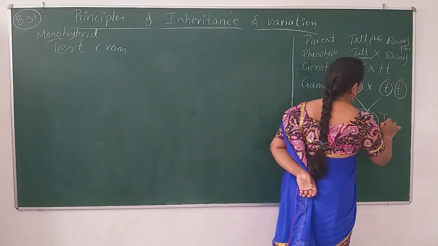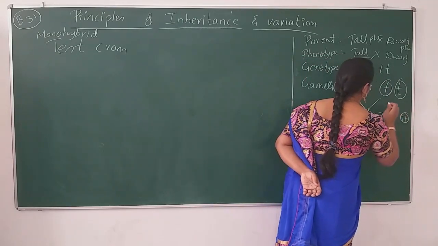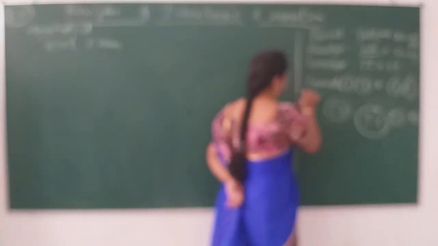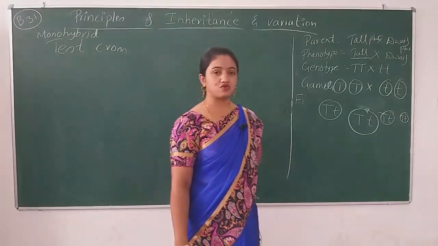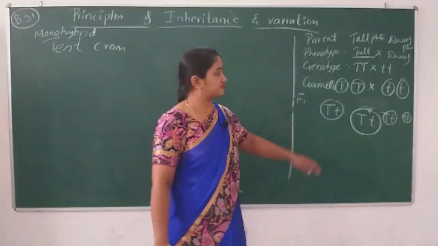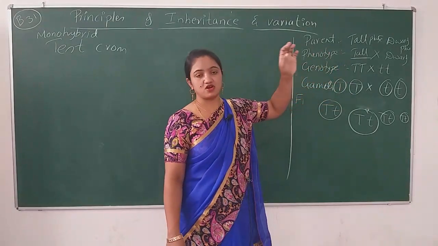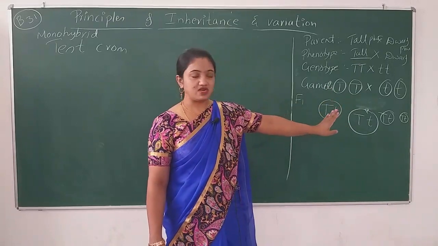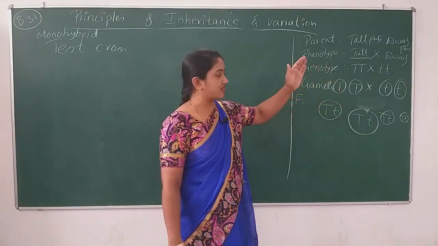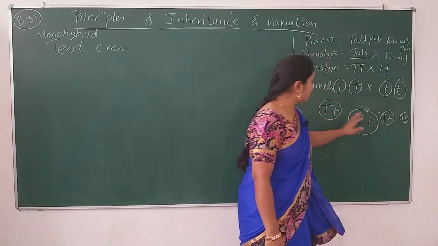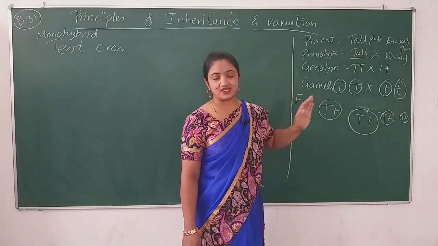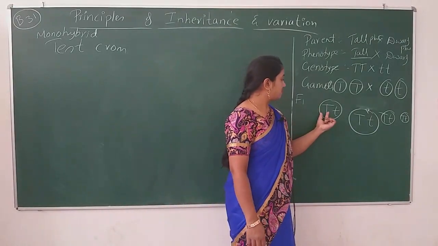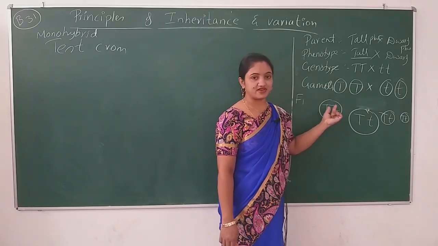There were 4 offspring, right? So here we got the 4 offspring. 4 offspring or 2 offspring or many offspring, it depends on the number of gametes. But for the experiment or the explanation, only 2 or 4 offspring are more than enough. So these offspring are the F1 generation and they are in a heterozygous condition. Heterozygous in the sense that here one dominant trait is there and one recessive trait is there.